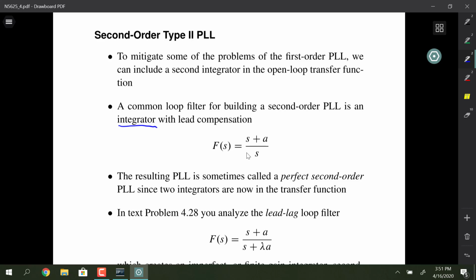So what we need to do is put in what's called lead compensation, which is the 0. That's going to advance the phase and pull it away from ever getting to 180 degrees or minus 180 degrees of phase shift. This will stabilize the circuit.